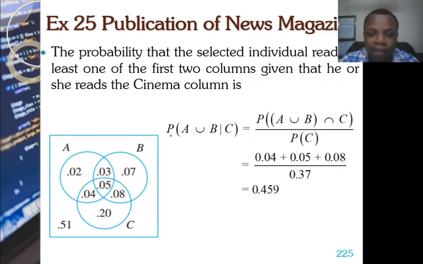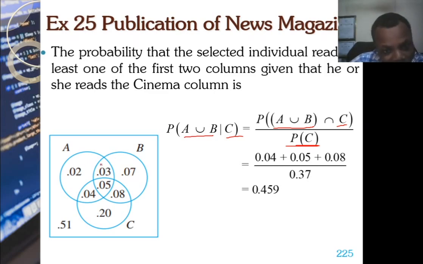So that is why we have A union B, given that he has already read the cinema column. So given event C. So the first part is what we have at this intersection, the second part which we have here, the probability of C. So A union B is just equal to everything we have in A, B, C, D. And remember that that will give us 0.4 and 0.3, 0.05, then finally we have 0.108.